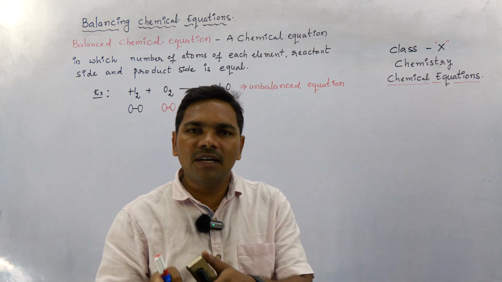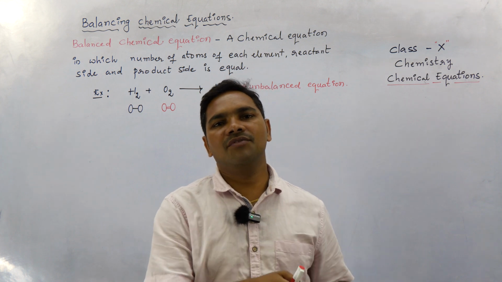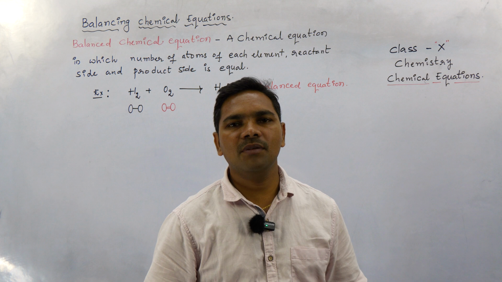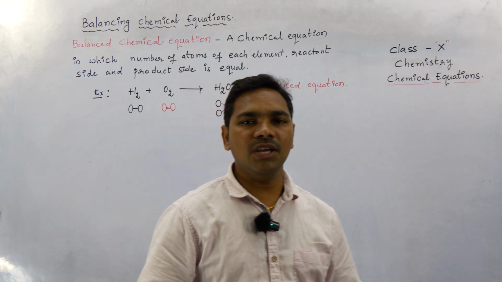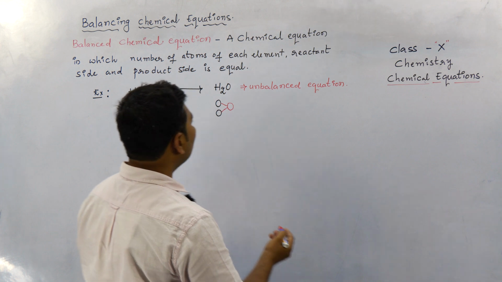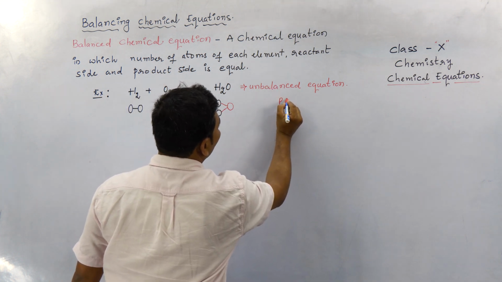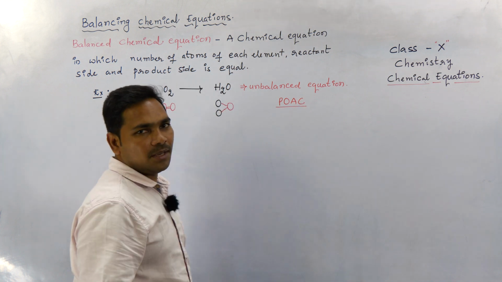When the number of atoms on the reactant side and product side, before chemical change and after chemical change, are equal, then masses will automatically be equal. So we have to make the number of atoms equal, and we learned in the last class, this is called the principle of atom conservation, POAC.